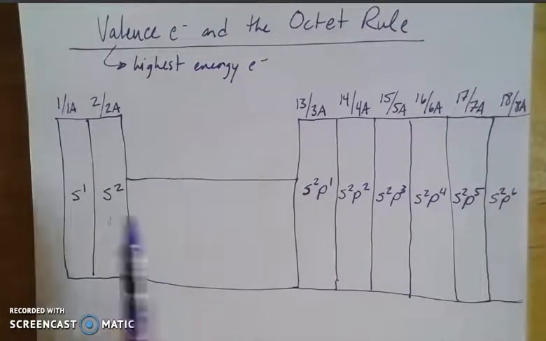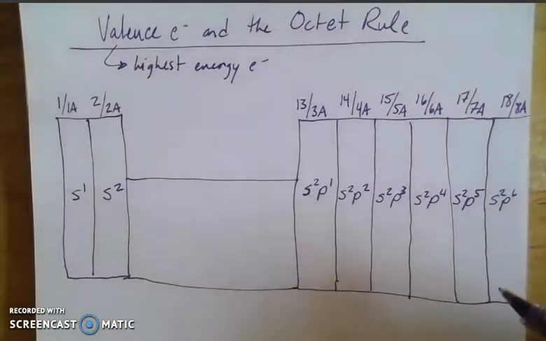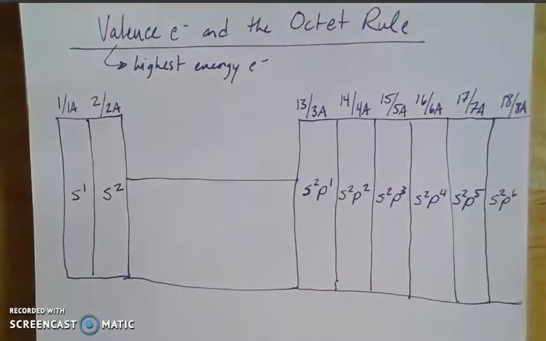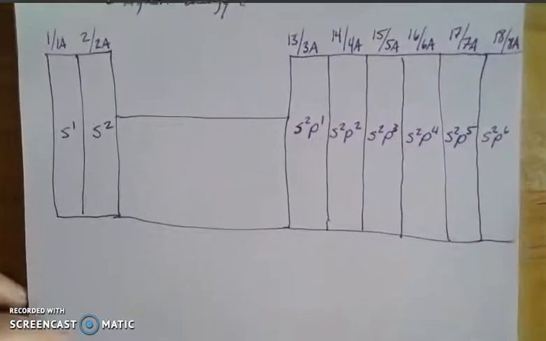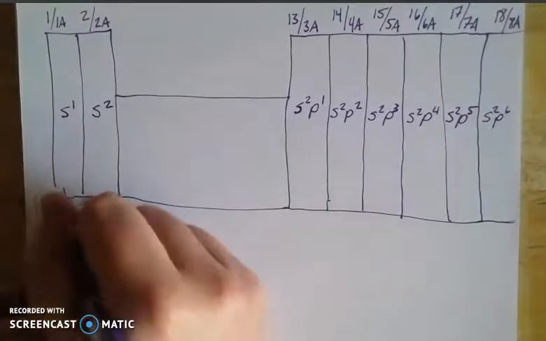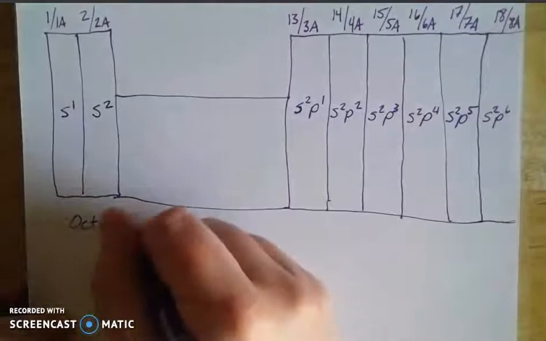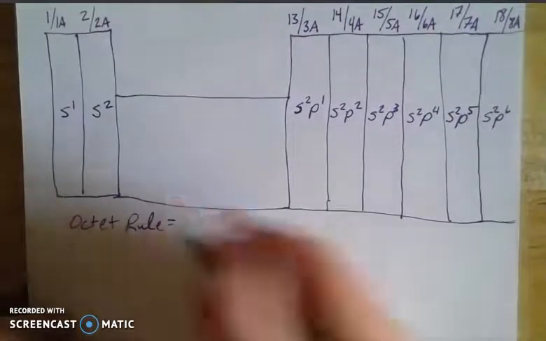So if you know these valence electrons, then this is going to give you some interesting information about what the elements want to do and what they want to be and how they want to react with other things. And one of the guiding principles we use to talk about what these valence electrons can tell us about the chemical reactions and the chemical processes and the chemical relationships that there are is called the octet rule.